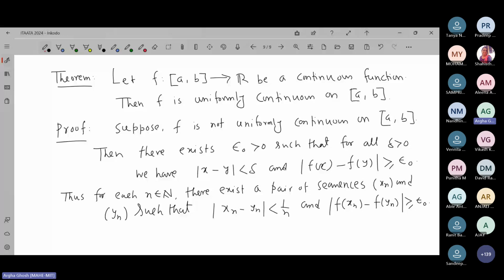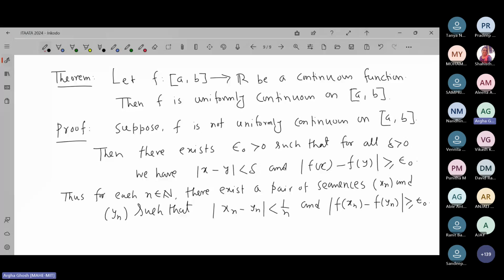How are we getting this? For each n we choose delta to be 1 by n, so we have a 1 by n neighborhood, and you have a pair of elements x_n, y_n for which |x_n - y_n| is less than delta, where delta is now 1 by n, and |f(x_n) - f(y_n)| is greater than or equal to epsilon naught. So for each n this will generate two sequences x_n and y_n satisfying this inequality.